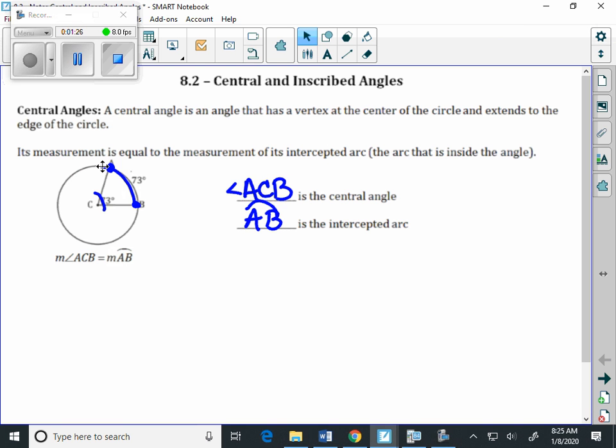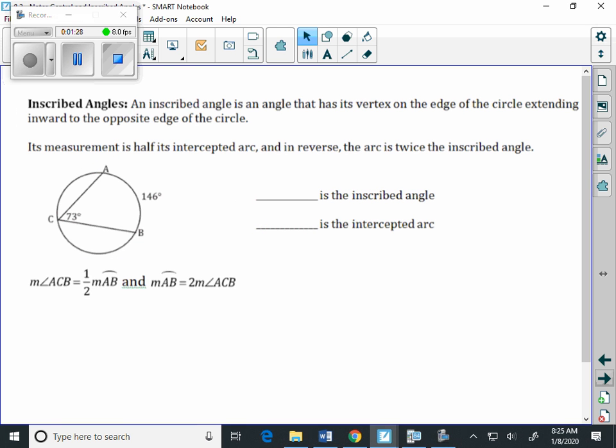The other type of angle that we're going to look at today is an inscribed angle. An inscribed angle has the vertex on the circle, on the edge of the circle, extending inward to the opposite edge of the circle. Once again, even though it's hard for me to draw it in, the arc between A and B is the intercepted arc.